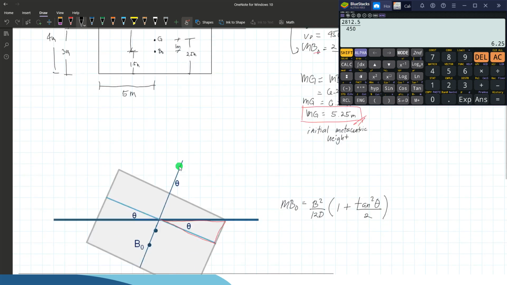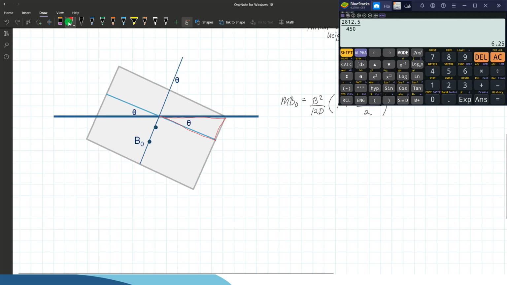So this distance right here is 5 meters, and this is 1 meter.